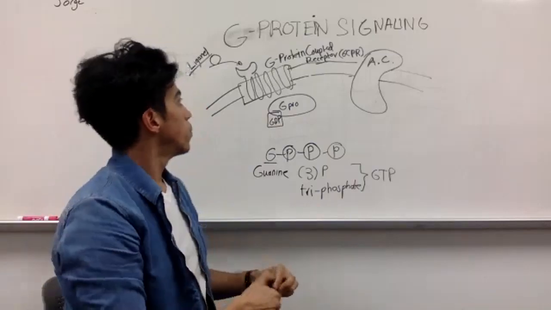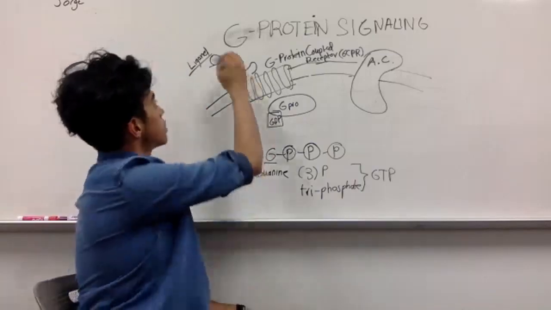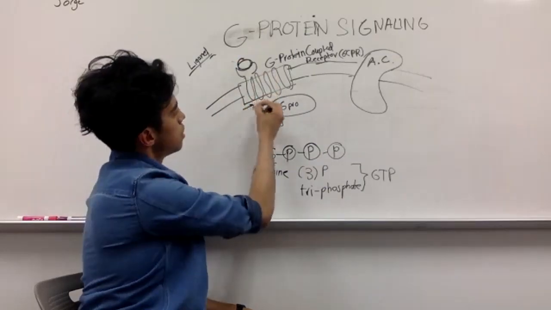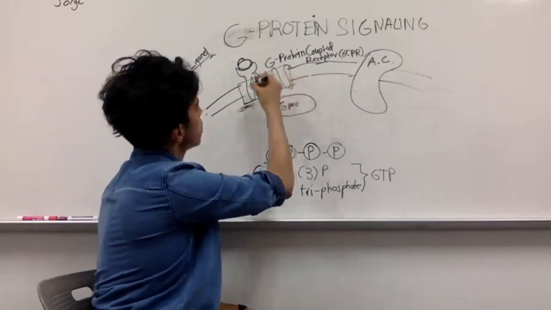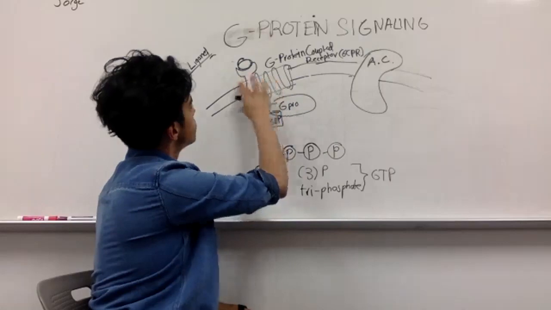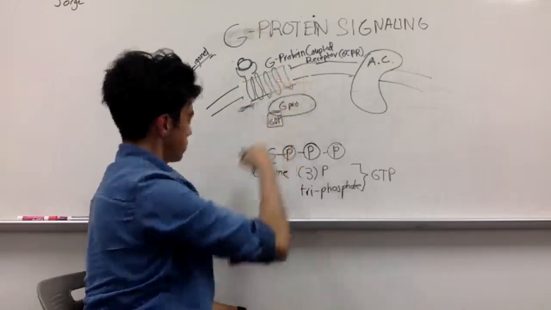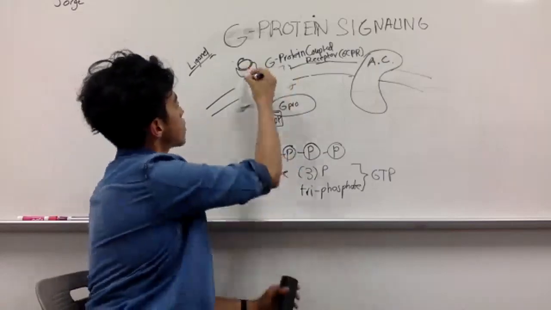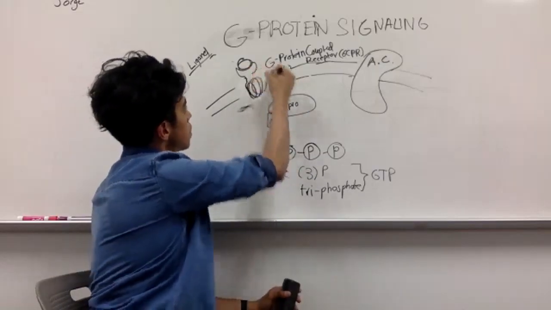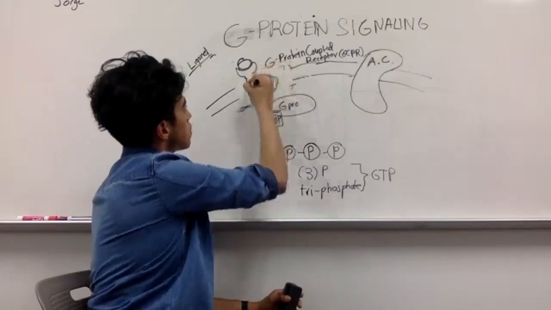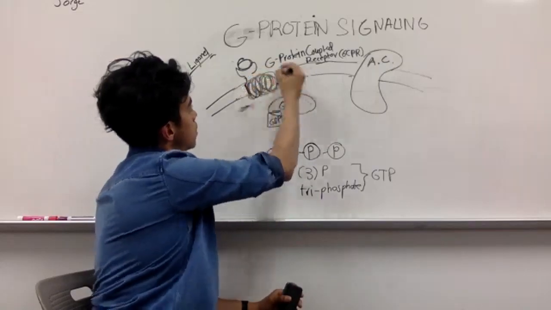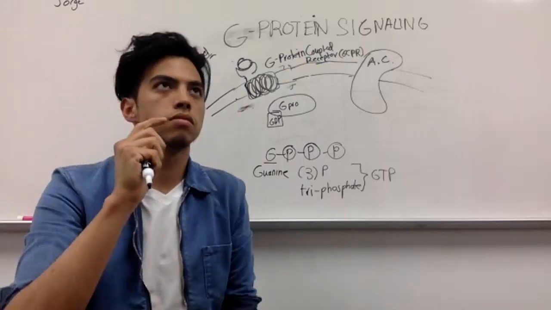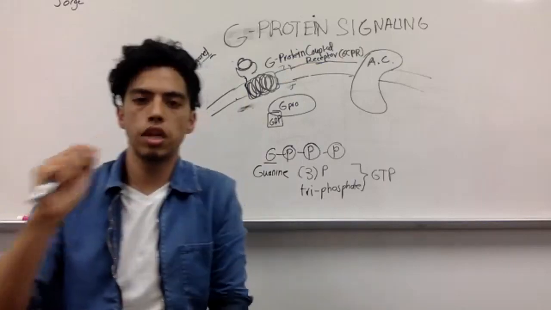So the next thing that happens is that when the signal binds, the GPCR is going to change shape.